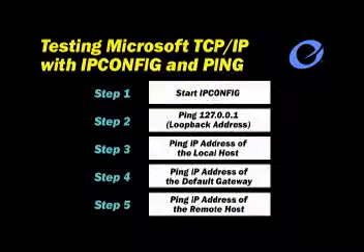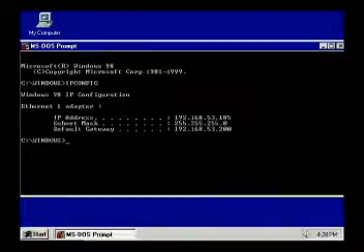The first step in verifying the TCP/IP configuration on the local machine is to type in the keyword ipconfig, which once again verifies the correct installation and configuration of the TCP/IP properties. If I have 2 or more network cards installed on the local machine, each one will be listed. Notice that the Ethernet 1 adapter properties include the IP address, subnet mask, and default gateway.